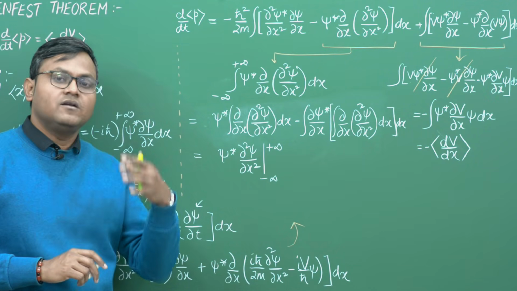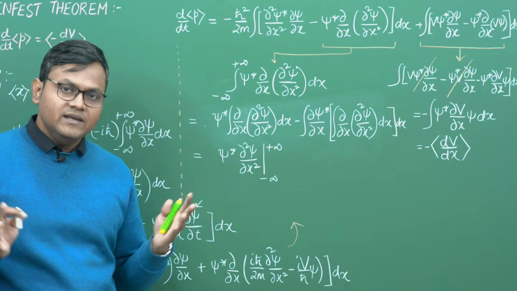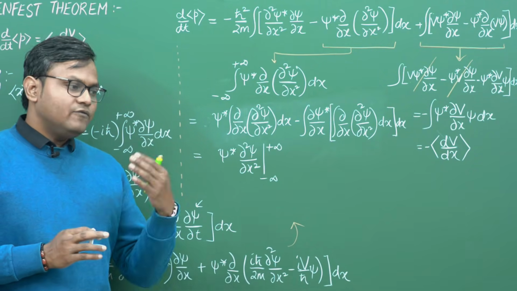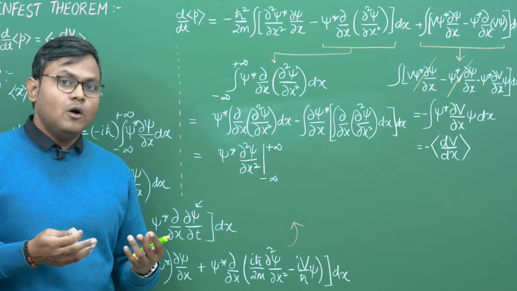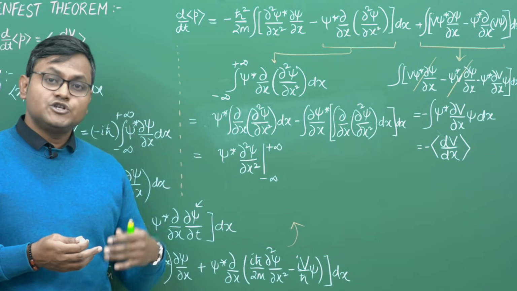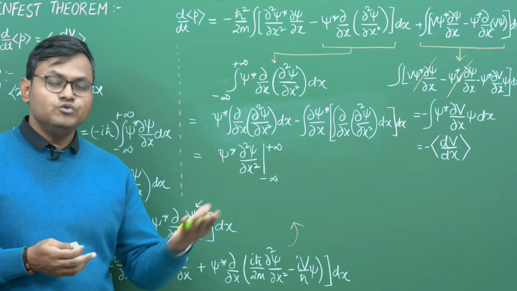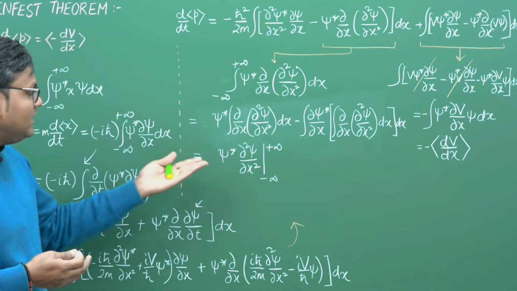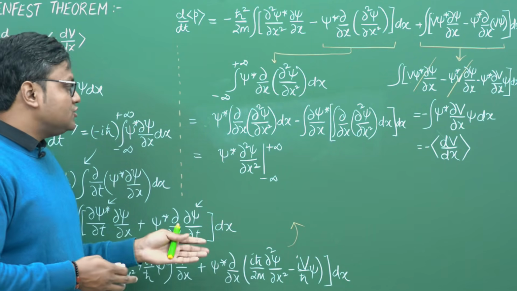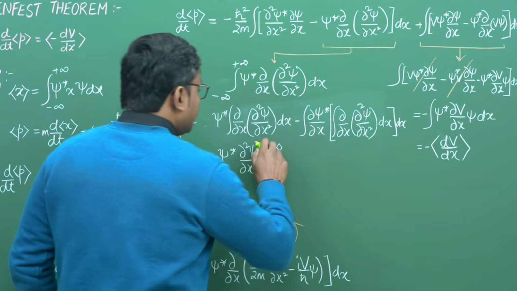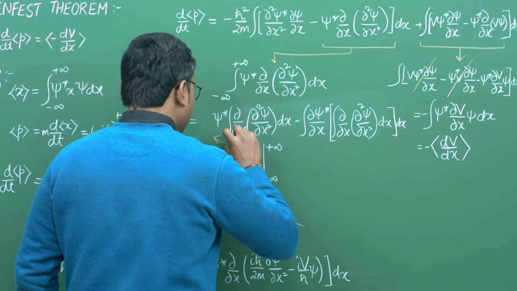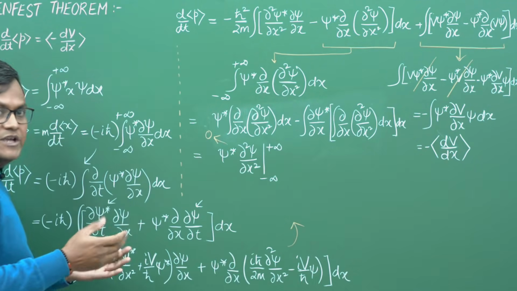Wave functions have a large number of criteria associated with them, and for realistic scenarios, because we expect the wave function to be normalizable, we expect the wave function and its derivatives to go to 0 at infinity. So if I am evaluating a wave function or its conjugate and its derivatives at infinity, they always go to 0. This is an expectation we have in this formulation of quantum mechanics.